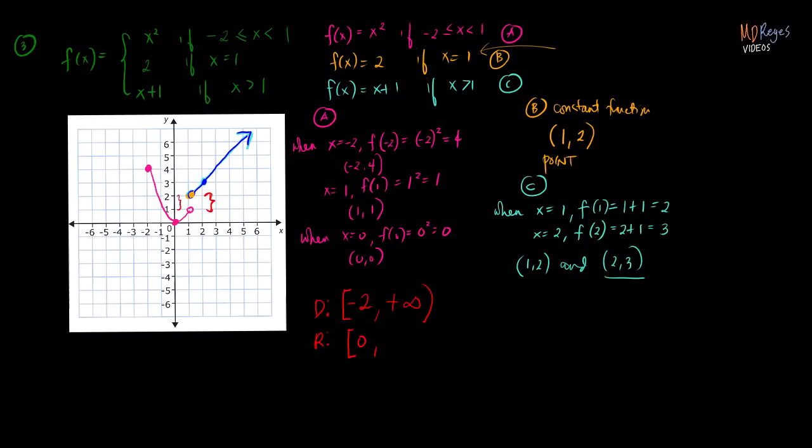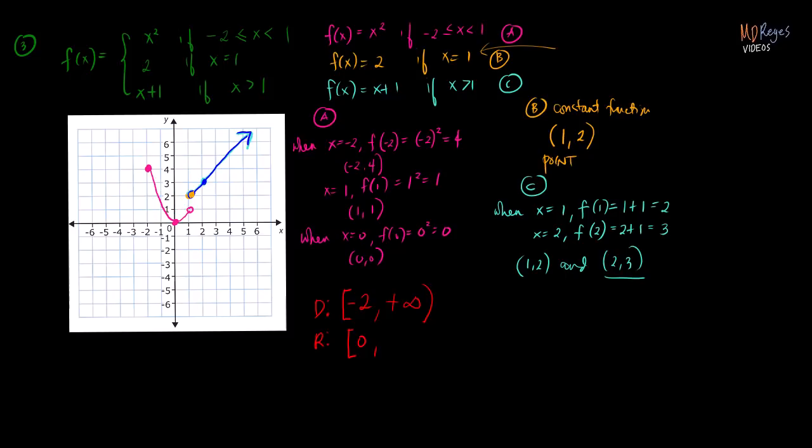But then, if these numbers are not included on the right side of the graph, these numbers were covered by this portion of the graph on the other side. So still, the numbers from 1 up to 2 on the y-axis are covered by the graph and are included in the range of the function.